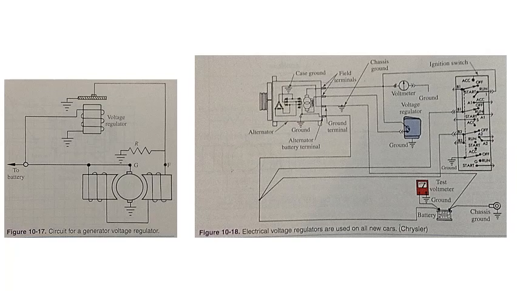Notice that the generator field is grounded through these contacts. When they open, the field current must pass through the resistance R to ground. This resistance reduces the current, which reduces the field strength and the terminal voltage. When the terminal voltage is reduced, the relay contact closes, permitting maximum field current. The terminal voltage rises.